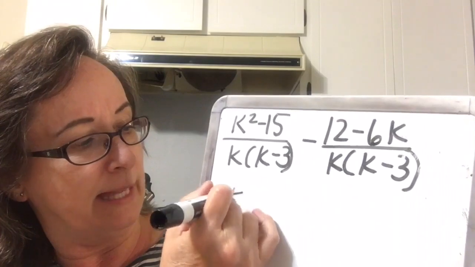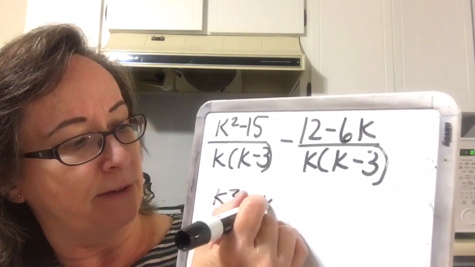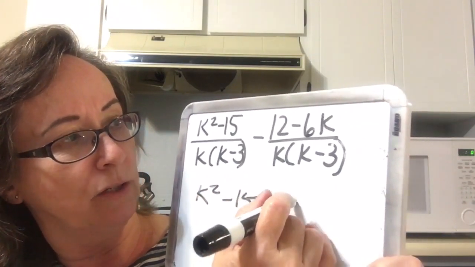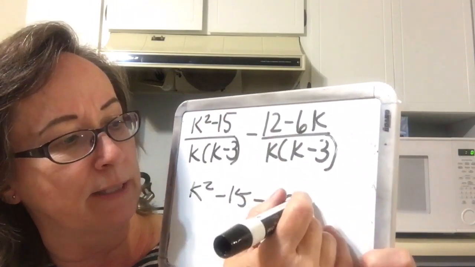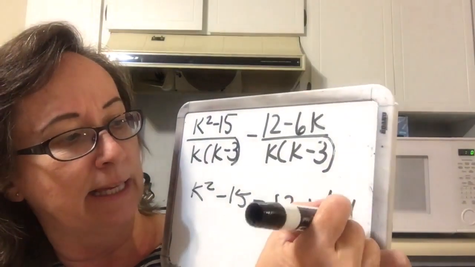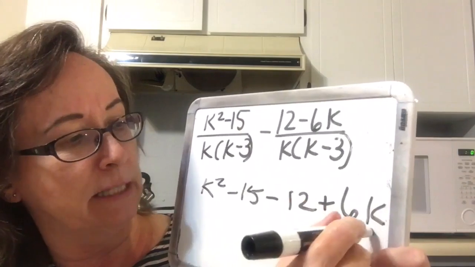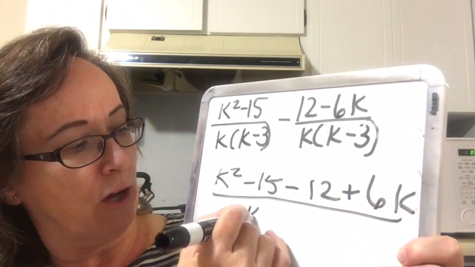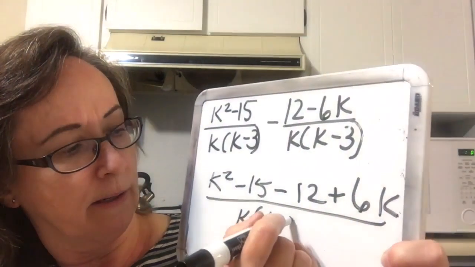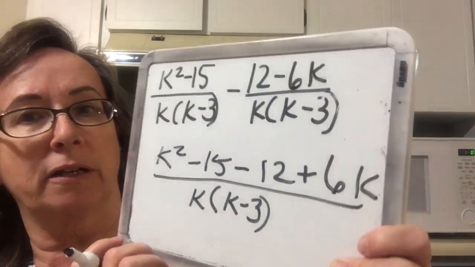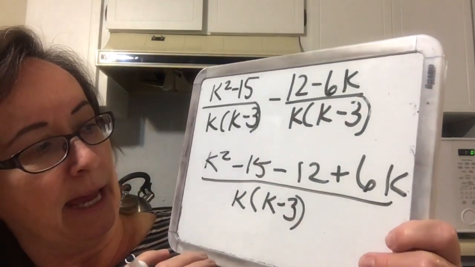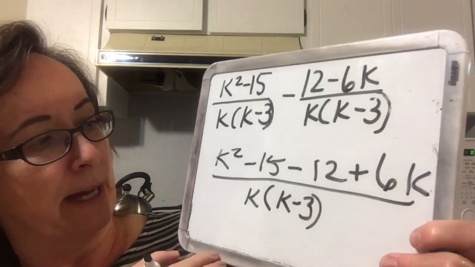So we're going to have k squared minus 15 minus 12. Negative times negative is positive 6k. So this negative has to be distributed. That is a very common error. So I put it all over the common denominator. And now I need to simplify a little bit.